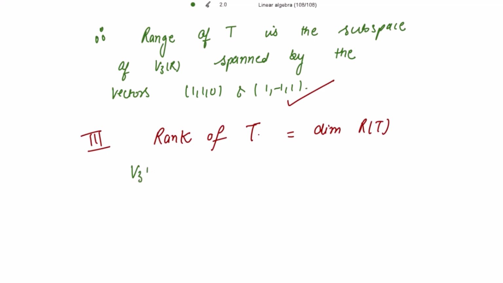Now V3 is a vector space over the field R. To show the vectors are linearly independent or not, let's take two elements from the field R, let's say x and y.